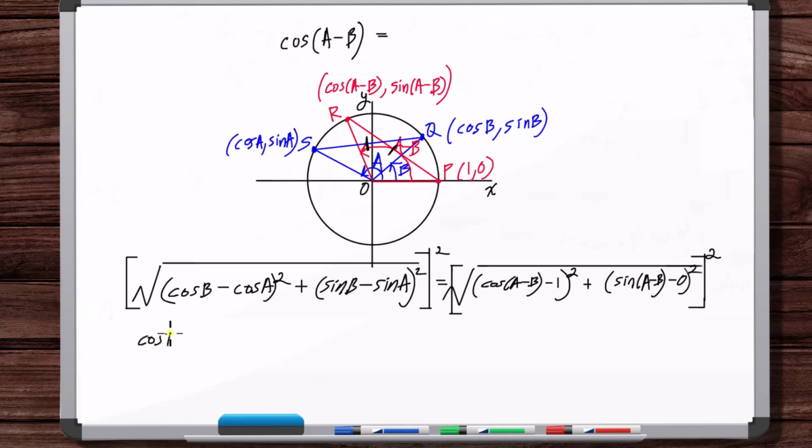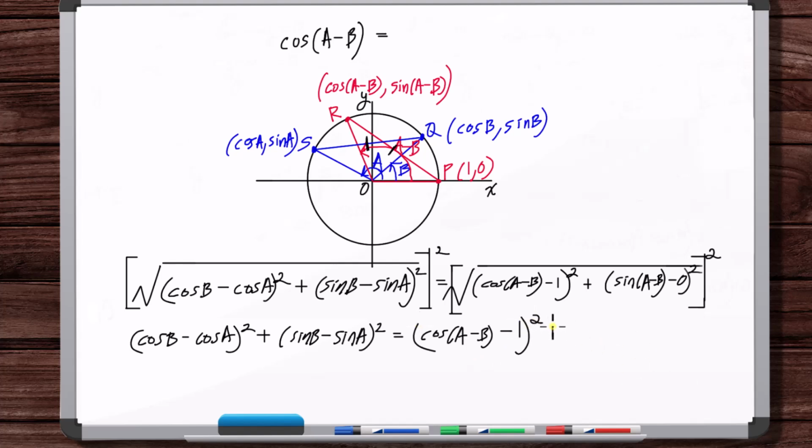We're left with, and then sine of A minus B is just, so sine squared of A minus B. All right, now let's expand these out.